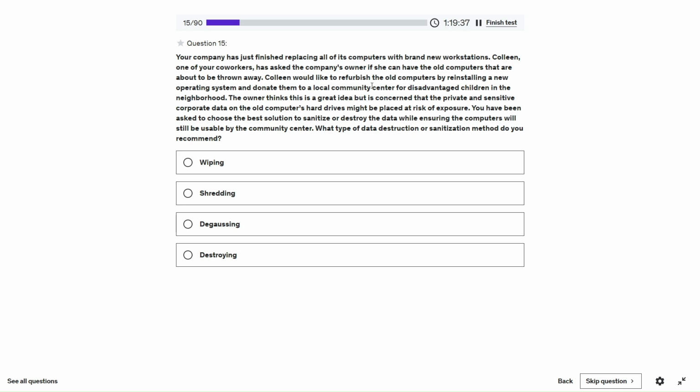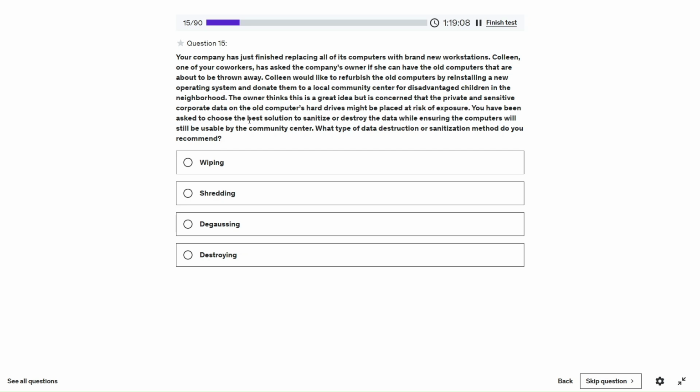Colin would like to refurbish the old computers by reinstalling a new operating system and donate them to a local community center for disadvantaged children in the neighborhood. The owner thinks this is a great idea but is concerned that the private and sensitive corporate data on the old computer hard drives might be placed at risk. Okay, here is the risk of the confidential data getting leaked.